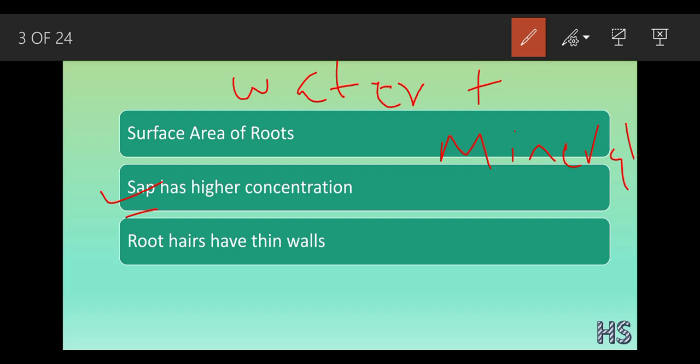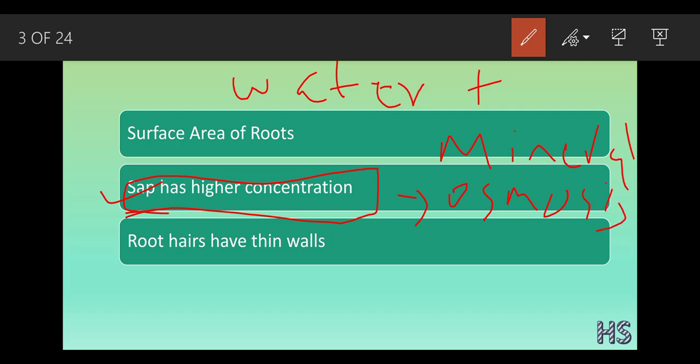This is known as the sap. This is the higher concentration. This point we are going to learn in detail when we come to the slide on osmosis. In osmosis you can get a perfect understanding of this slide.